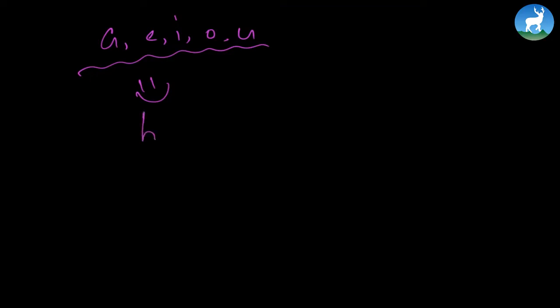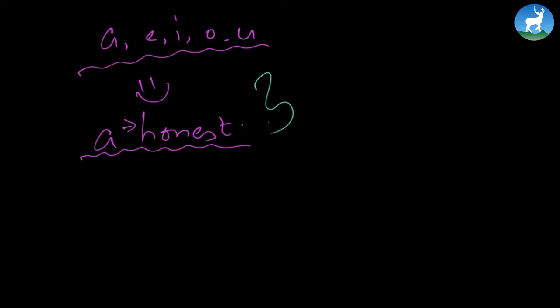Often, people have a misconception. The moment we say A, E, I, O, U, this is often mistaken as dealing with the very beginning letter of the word. For instance, if it's honest, people would write a honest, assuming that H is a consonant. But our focus is here only on the sound.